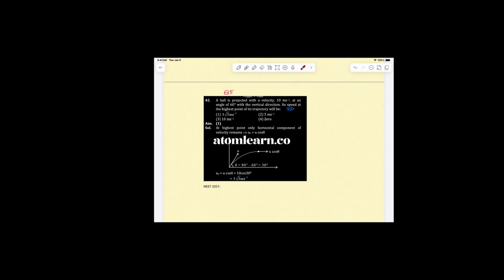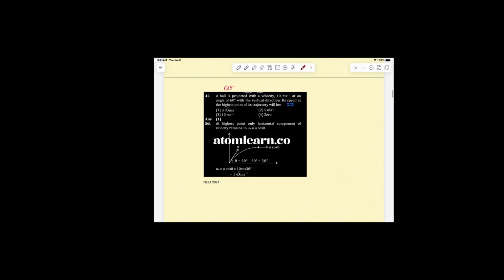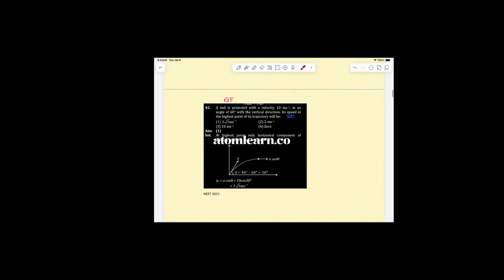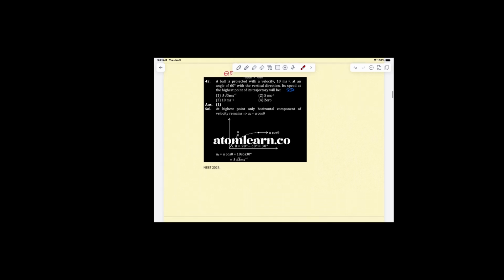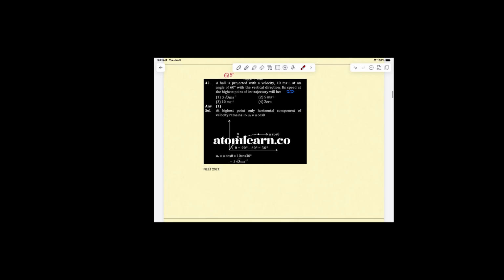What is the question? What is the speed at the highest point of the trajectory? This is projectile motion. They are asking what is u cos theta, with theta equal to 30, and u is given. Straightforward formula: u cos theta is the answer at the highest point. You must be careful. You should not make the mistake of saying the answer is 0.